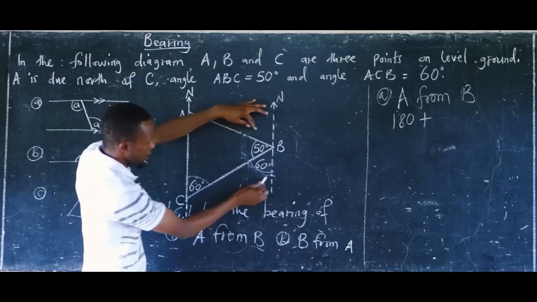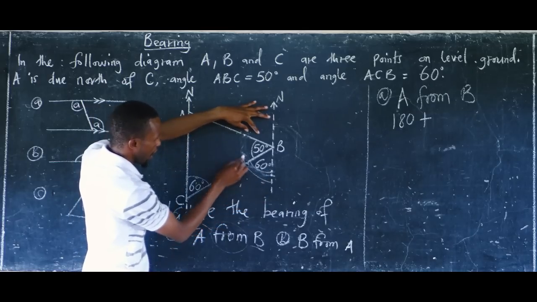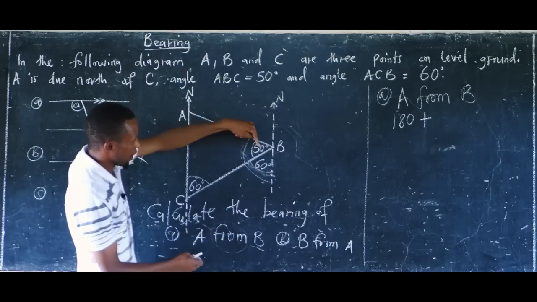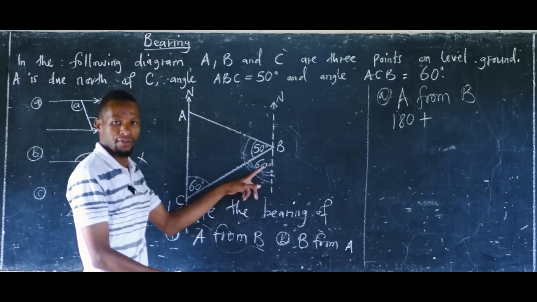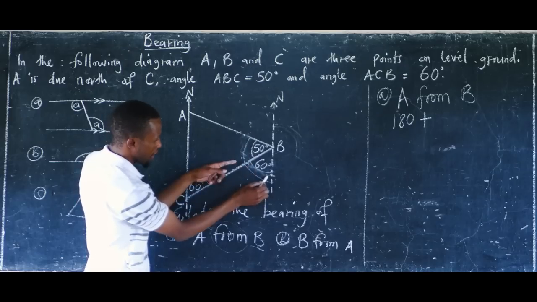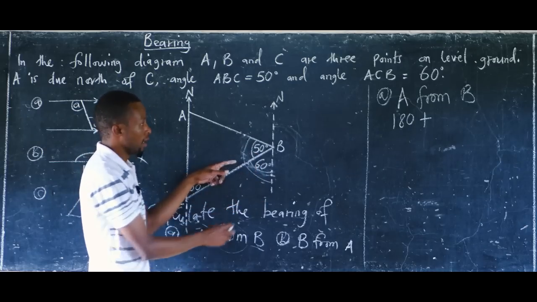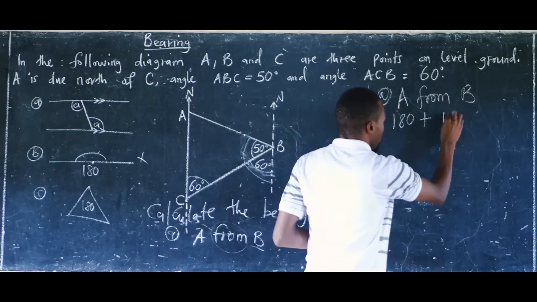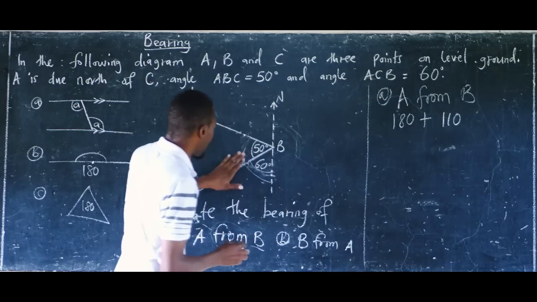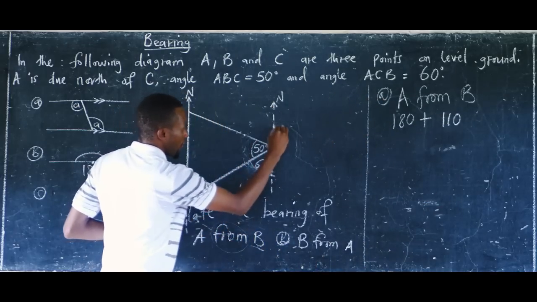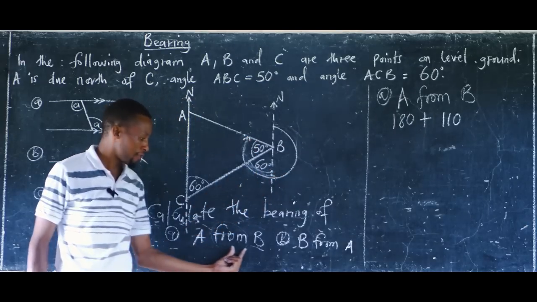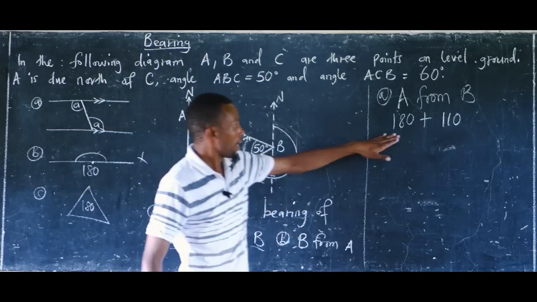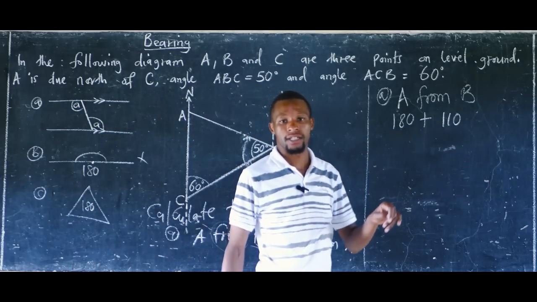But what we want is everything from here up to there. So now we can just add 50 and 60. Have you seen that? So now this angle that we want is 50 plus 60, which is 110. So we're just going to add now. The complete angle from here up to there to give us the bearing of A from B will be 180 plus 110.